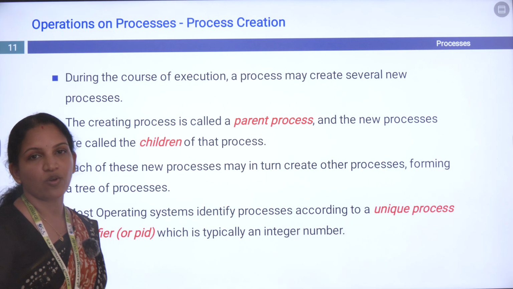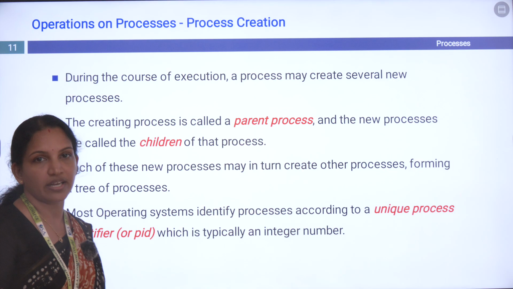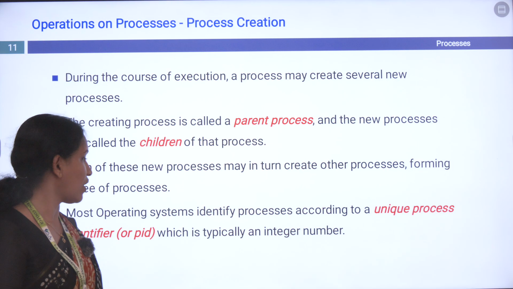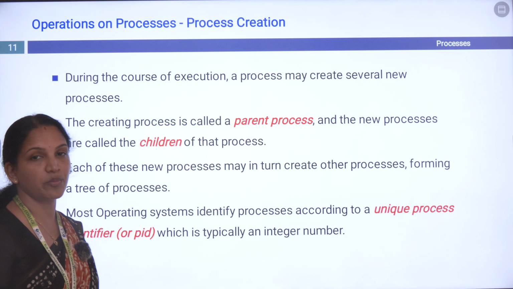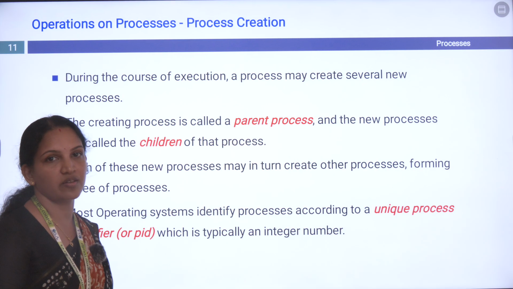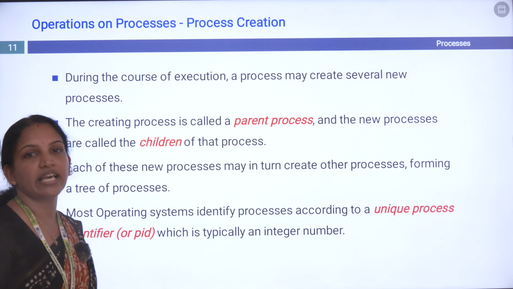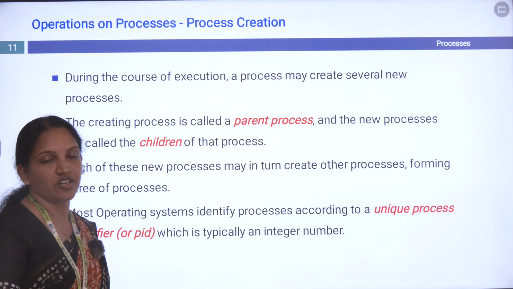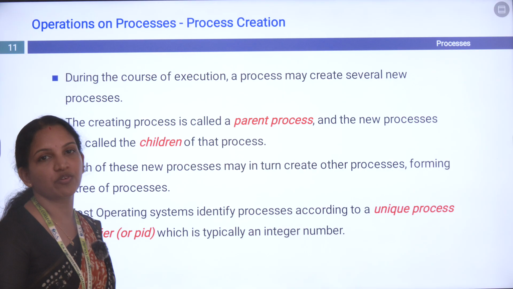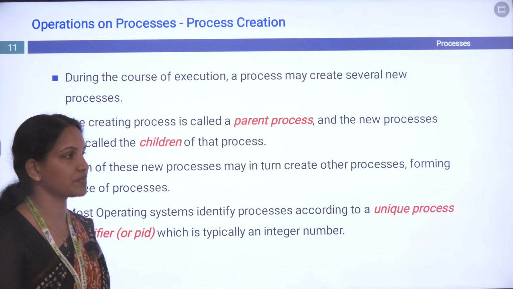Each process in the system is associated with a process ID, or PID, a unique integer which identifies that particular process. This child process, in turn, can create another child process. This can continue, which will form a tree of processes.